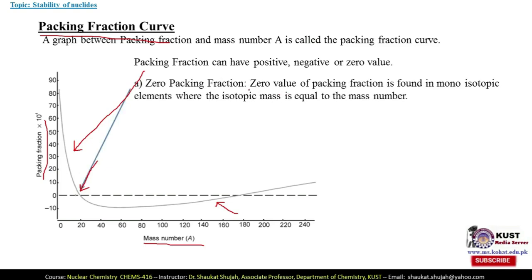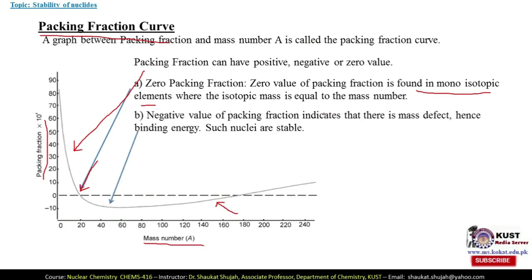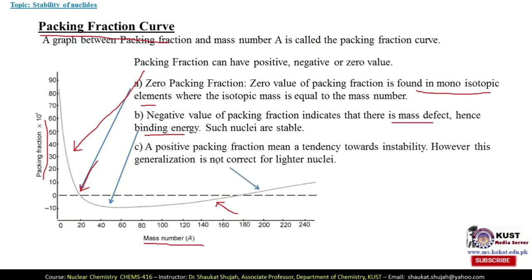The 0 packing fraction value is found in monoisotopic elements, where the isotopic mass is equal to the mass number. The negative packing fraction value indicates that there is mass defect, hence binding energy, and such nuclei are stable. Whereas the positive packing fraction value means a tendency towards instability. However, this generalization is not correct for lighter nuclides.